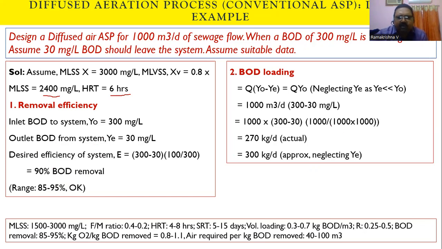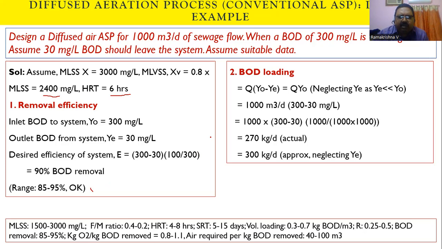Now we go for the BOD loading. How much BOD have we applied here? That is Q into Y naught minus YE. It is also written as Q into Y naught, neglecting YE, when the inlet BOD is very high and the outlet BOD is very small.